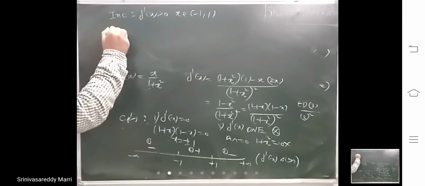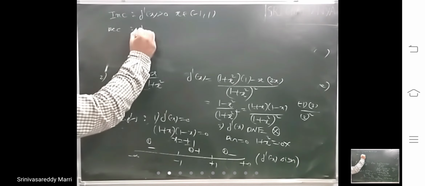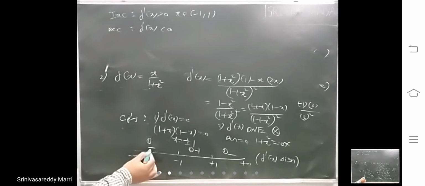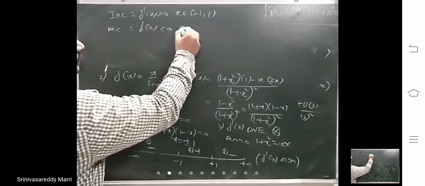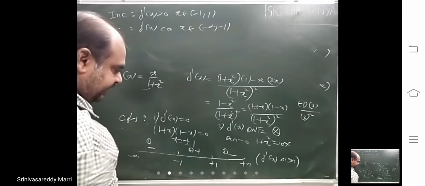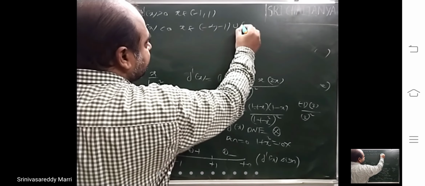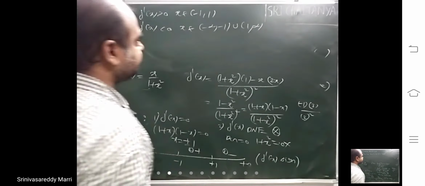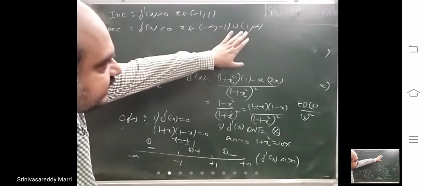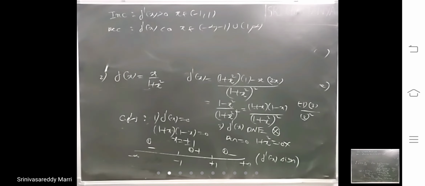Decreasing intervals means f dash x less than 0, intervals 1 and 3, so x belongs to minus infinity comma minus 1 union 1 comma infinity. In the first interval f of x decreases, in the middle f of x increases, and in the last f of x decreases.